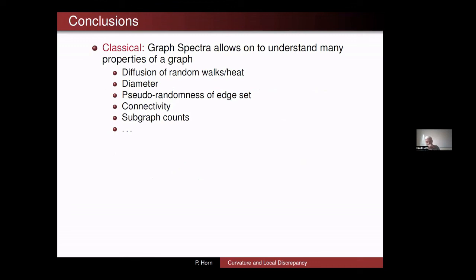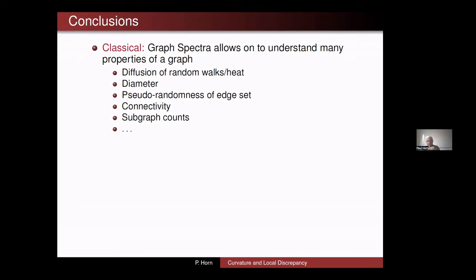Right. So what's the overall theme here? I will wrap up. And as I say, using eigenvalues of graphs allows one to understand many, many properties of graphs. And I come from the more analytic bent of spectral graph theory, as it were.